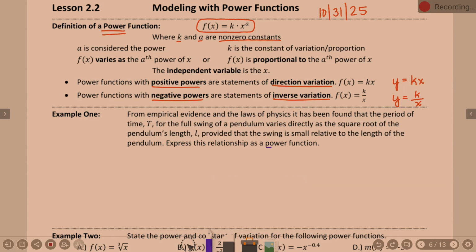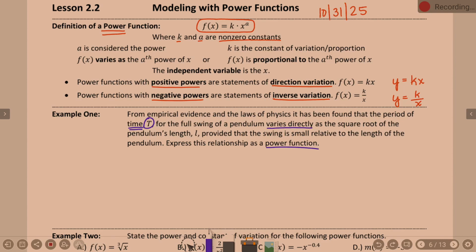So my goal is to write this as a function, an equation, and it's a power function. From the empirical evidence and laws of physics, it has been found that the period of time, and what do they tell us to use? Capital T, for the full swing of a pendulum does what?